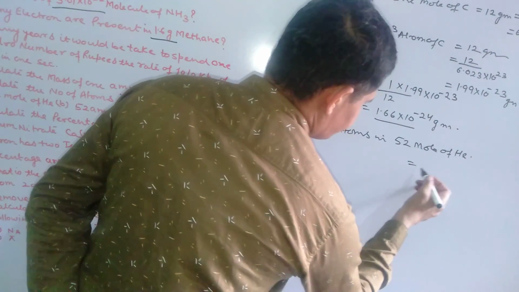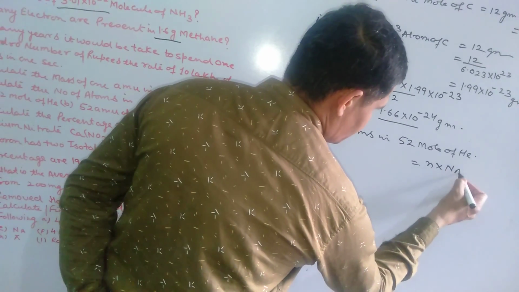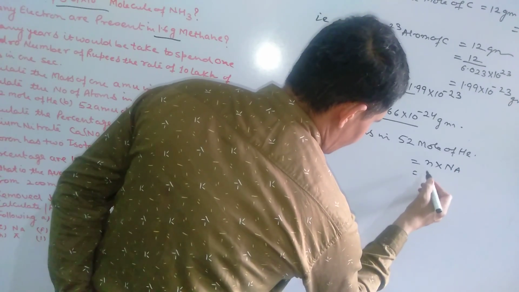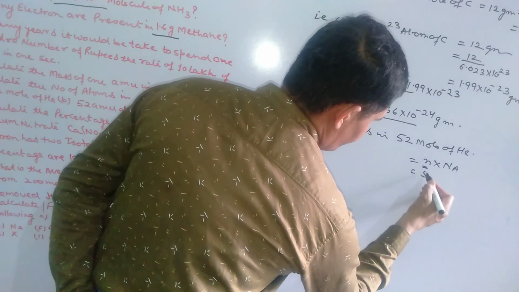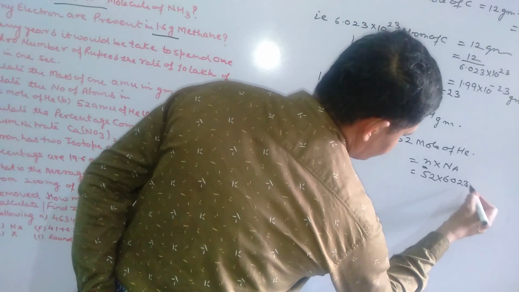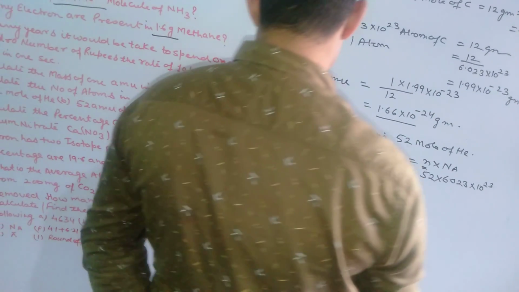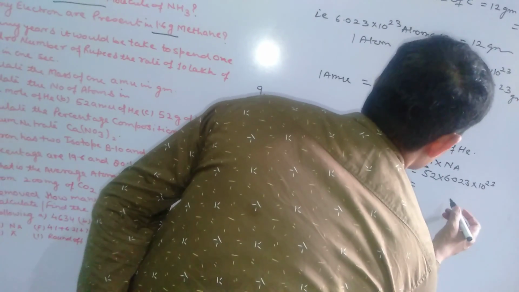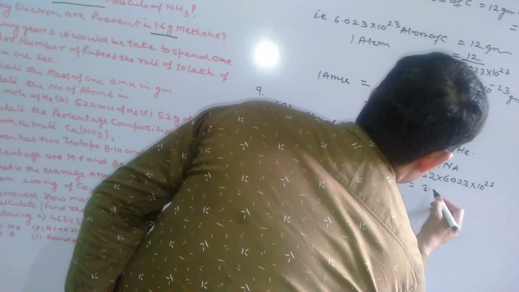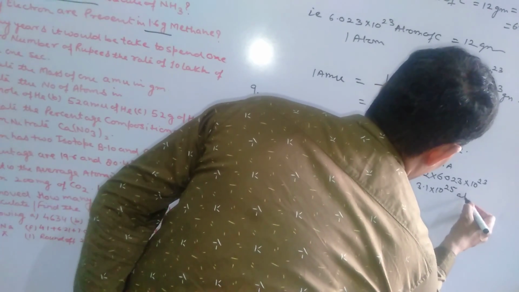We know that the formula is N into Na. N equal to 52 mole. Na equal to Avogadro number. Hence, the value is 3.1 into 10 to the power 25 atoms.